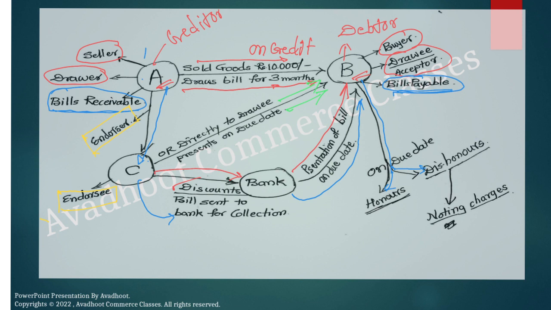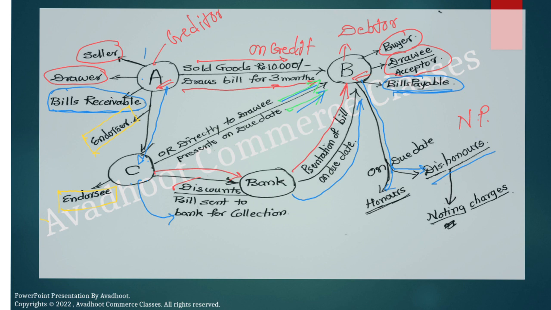But in case of dishonor, suppose Mr. C goes to Mr. B and demands payment on maturity, and Mr. B is not in a position to make the payment, that is called dishonor of the bill. Obviously, Mr. C is going to call the notary public, and the bill is noted and protested.